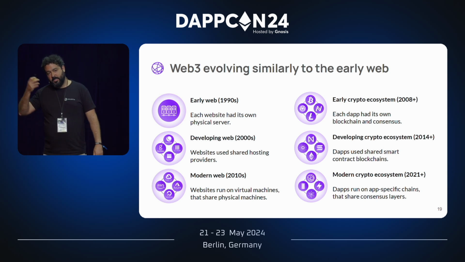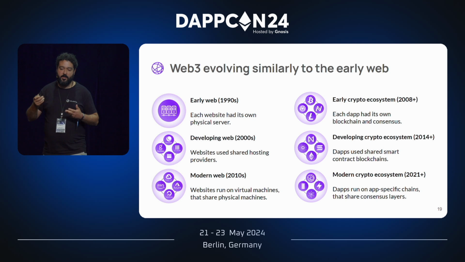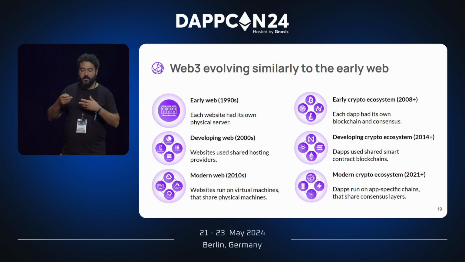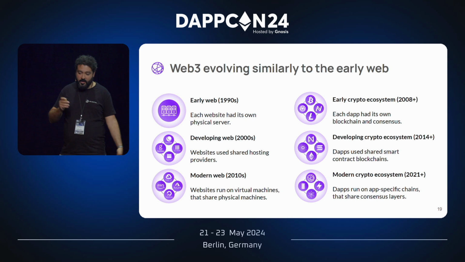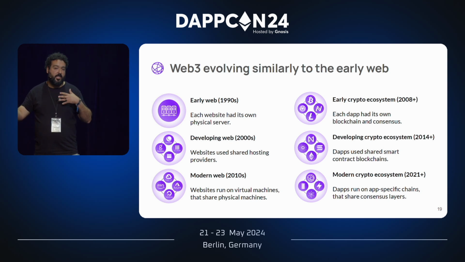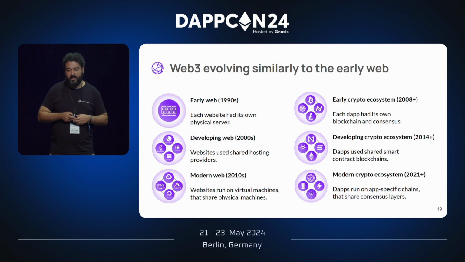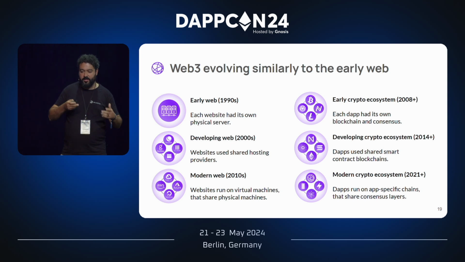Similarly, in the crypto space, the idea came into existence of shared smart contract environments where you could deploy your application using a smart contract blockchain, like Ethereum, Near, Solana, and so on. In the modern web today, websites run on virtual machines. They share physical machines, but they run in virtual machines.